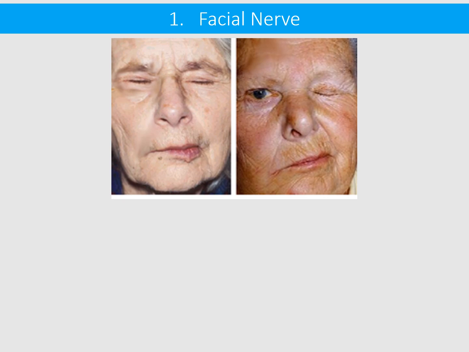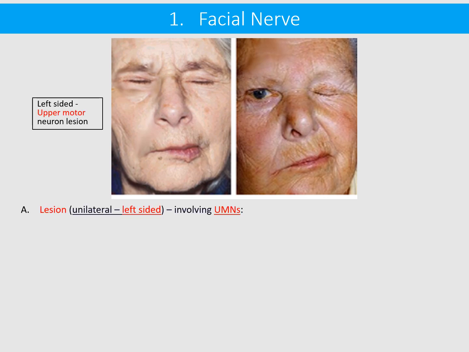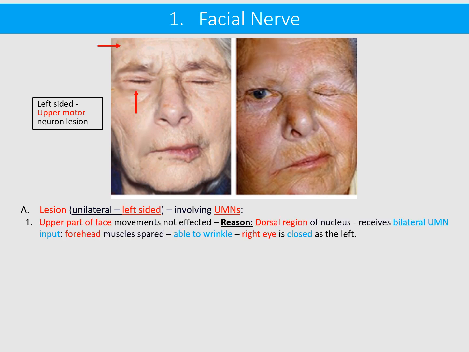Upper and lower motor neurons involving the facial nerve and their differences. First, the left-sided unilateral lesion involving the upper motor neurons. In this type of lesion, number one, the upper part of the face movements are not affected.